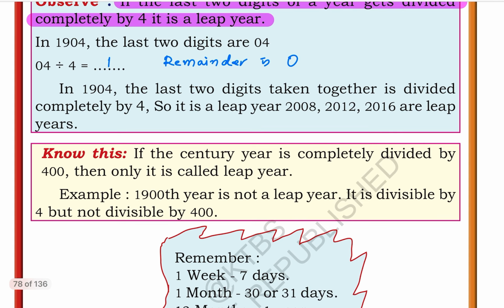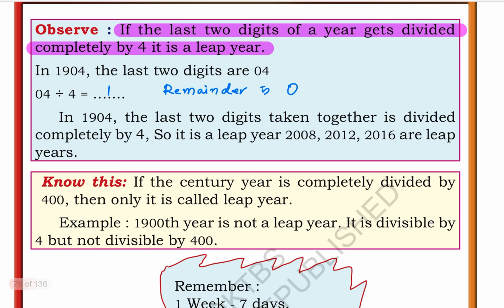Did you understand, dear students, about leap year? How to know which year is a leap year? If I give you 1936, find out whether this year is a leap year or not. How will you find out? We should take the last two numbers of that year, which is 36, divided by 4. 4 nines are 36 and the remainder is 0.